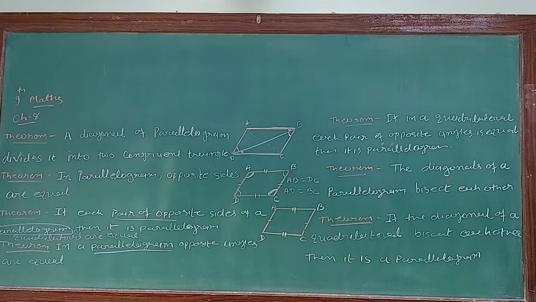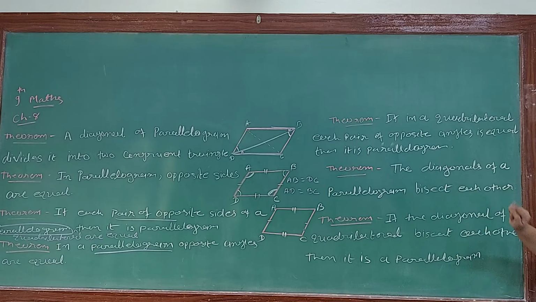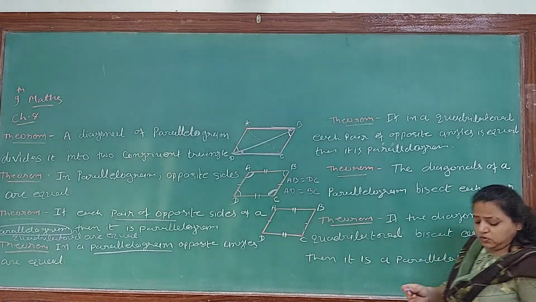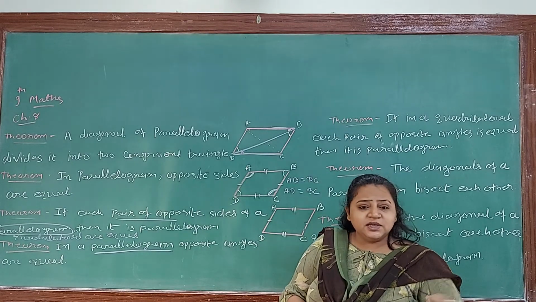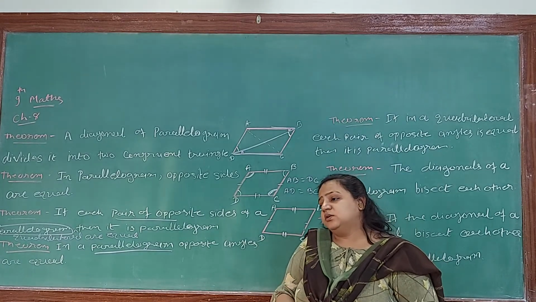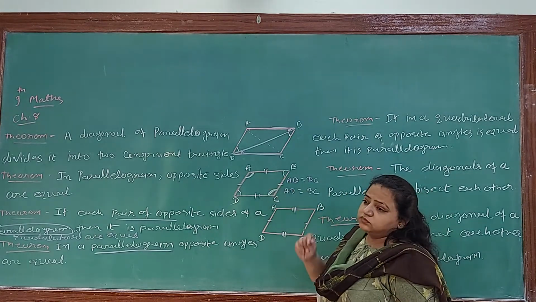The next theorem, the diagonals of a parallelogram bisect each other. What does each other mean? What does bisect each other mean? Yes, Ikra? For example, this angle D is there, it's split in half.